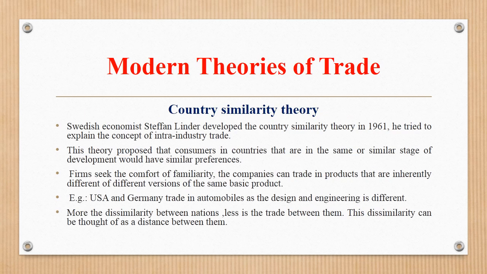In the next slide, we can see that modern theories of trade consist of four theories. First, we need to know why we need to learn about the modern theories. Modern theory is also known as firm-based theories, and it is marked after the period of World War II.